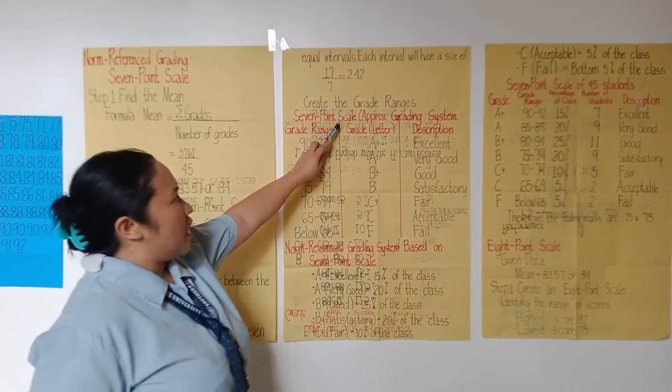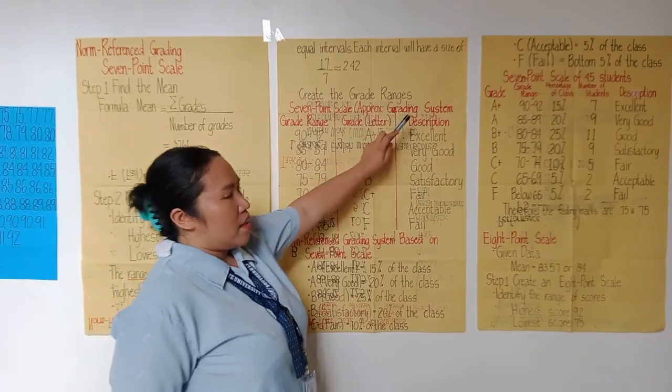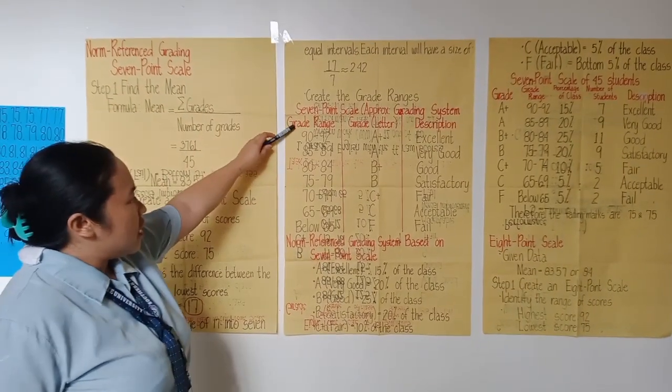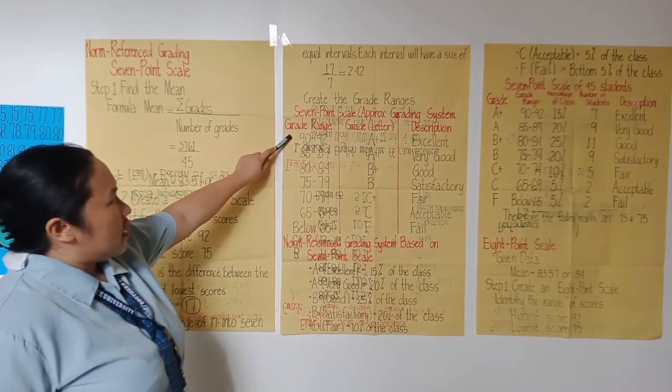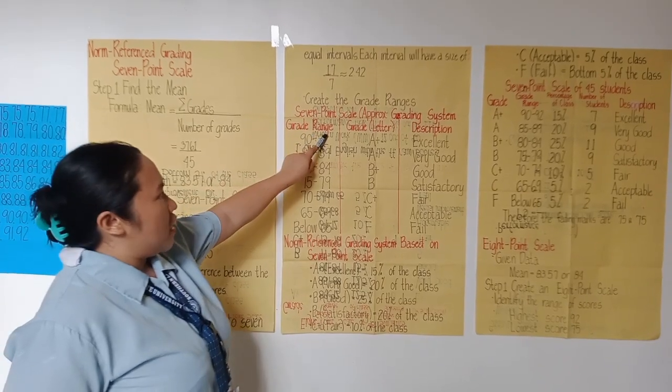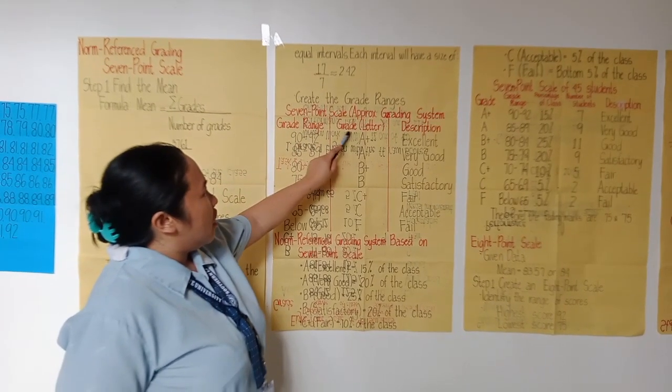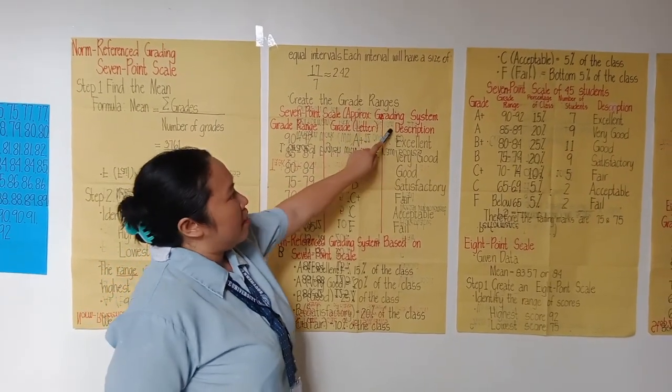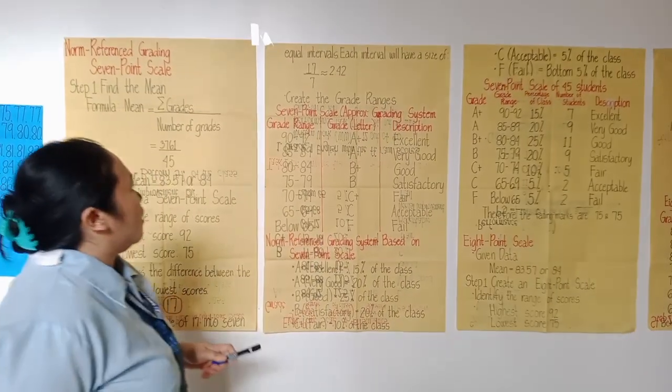So the 7-point scale is an approximate grading system. In the first column is the grade range, the second is the grade in letter form, and the third is the description.